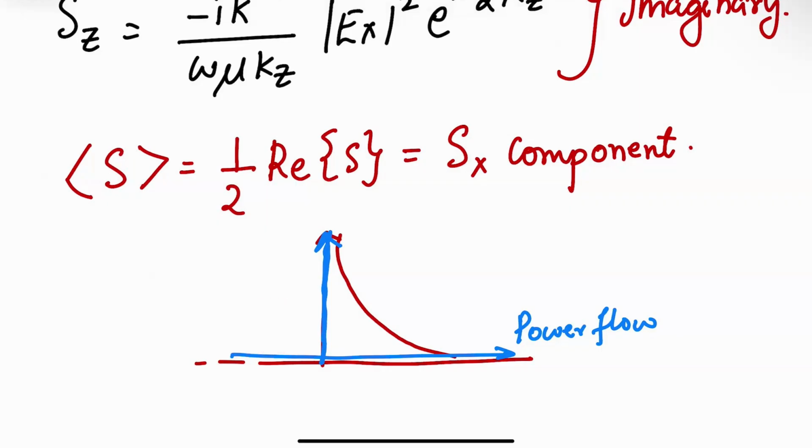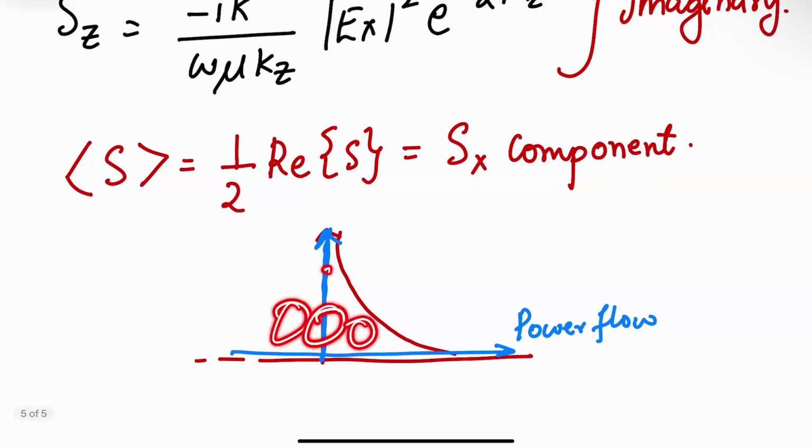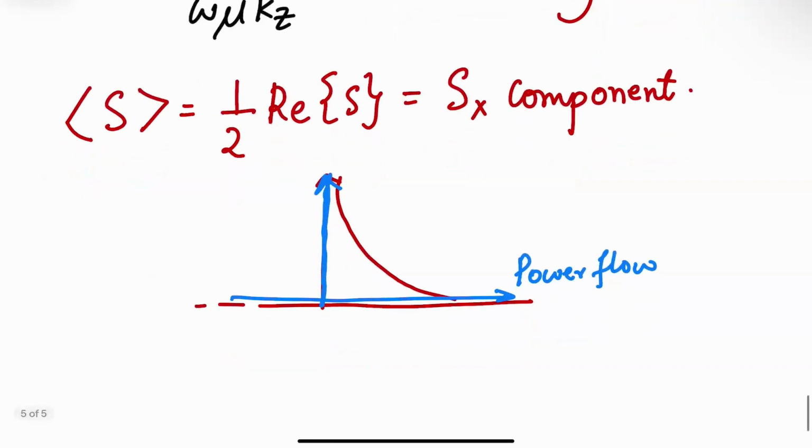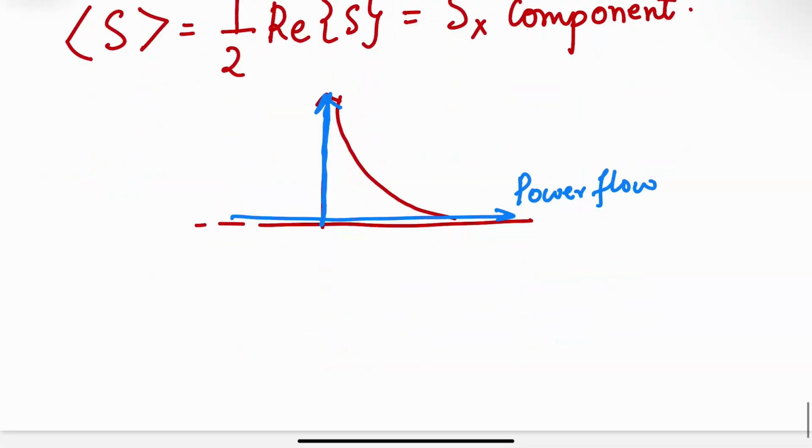So you can think of this direction, it looks like a capacitor or an inductor or an LC network or something like that, right? Where energy is being stored, but there is no power flowing in that direction. Power is only flowing in this direction. Okay? So energy is stored in this evanescent wave, but power cannot flow through it. So there's no power flow in that direction.